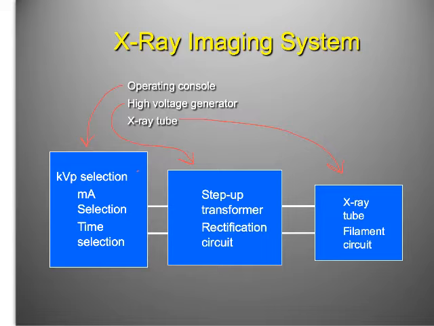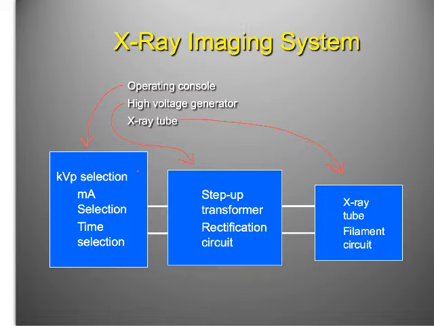So one of the things I want y'all to recognize is there are important safety considerations here at each step. There are important patient care considerations at each step. On the operator console, I've said it is not wired to high voltage, so that's a safety consideration. I don't want my tech to be electrocuted, right? With the high voltage generator, it steps it up so that I can produce high energy X-rays.